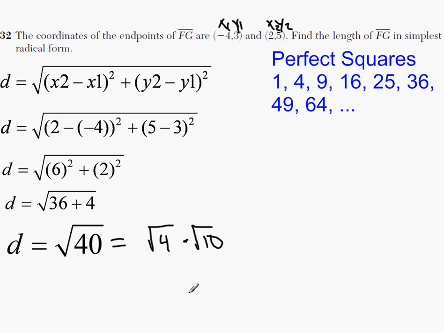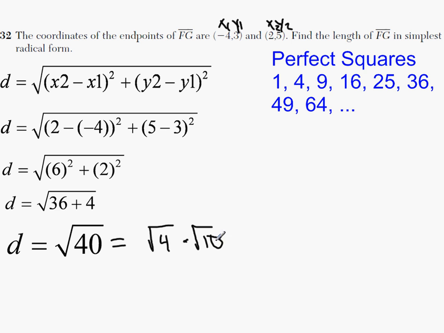So let me explain what I'm doing here. What you're doing is you want to find the largest perfect square that's going to go into that 40. That's 4.